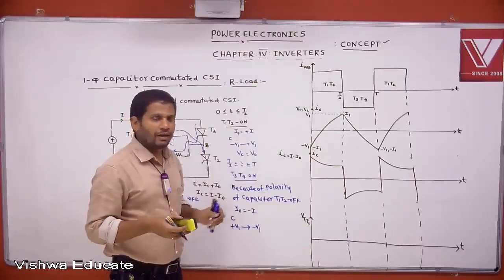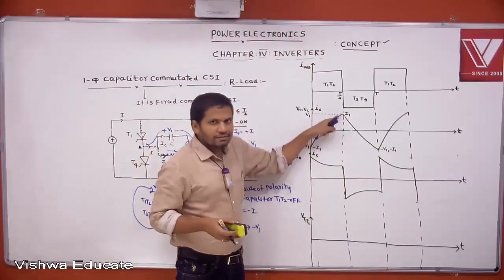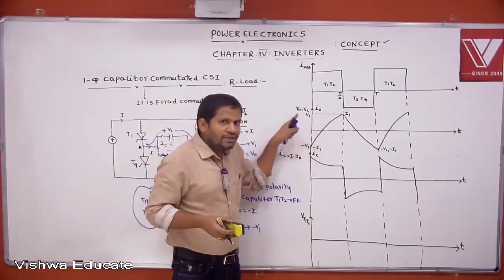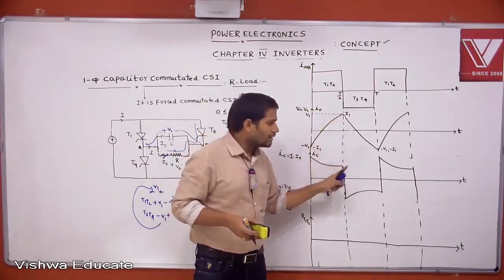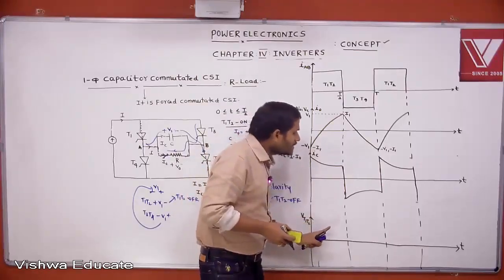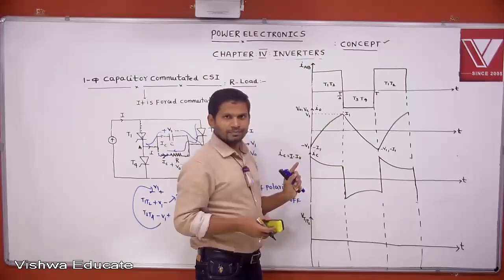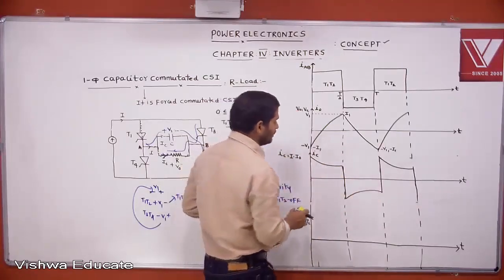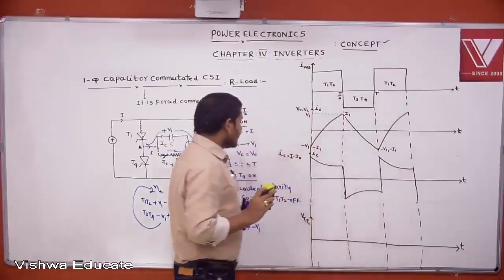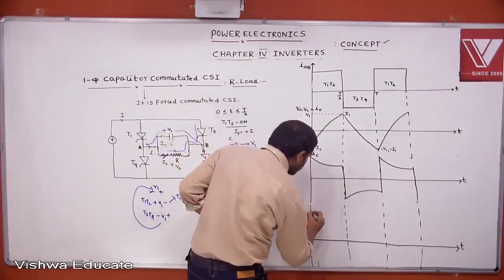When the capacitor is charging, the current through the capacitor is exponentially decreasing. When the capacitor is discharging, the current through the capacitor is increasing. Understood? Then again decreasing. Like this we can get. This is IC current.